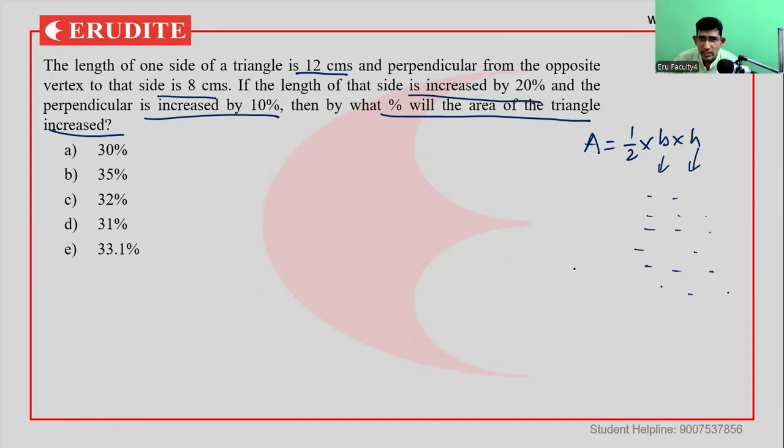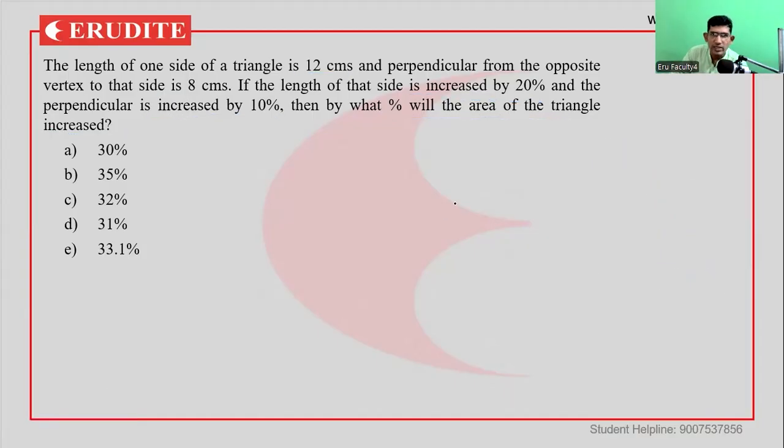Fine, but that will take a certain amount of time. Now, how can we save time and make it faster? In this case, we know that there is a formula in percentage called successive percentage change. Now, what happens in this formula?